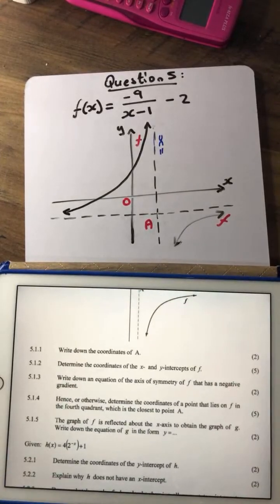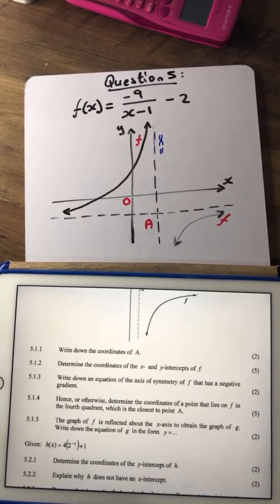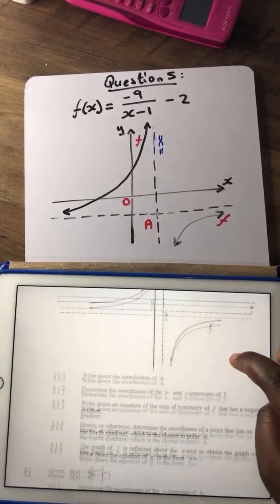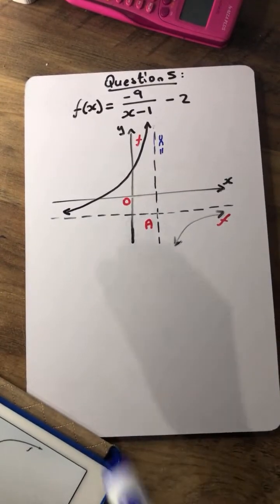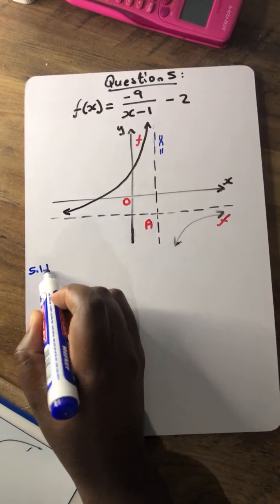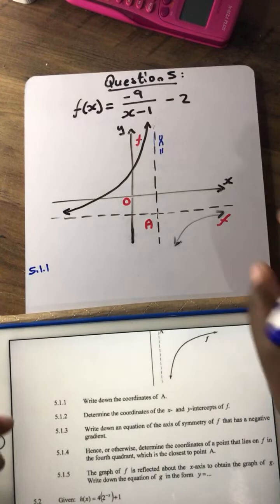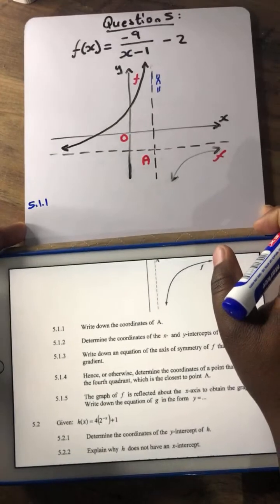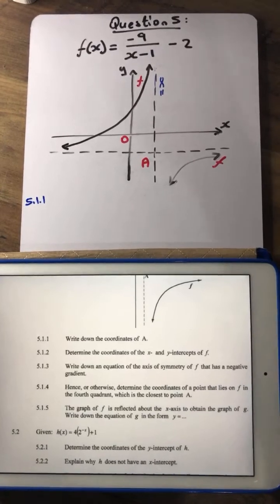Okay, so let's see. Here it says write down the coordinates of A. That, honorable members, is 5.1.1. Remember, it is very important that you write the numbering system used in the question paper. Because the question said write down the coordinates of A, something very important, honorable members, no one said calculate, they just said write down.